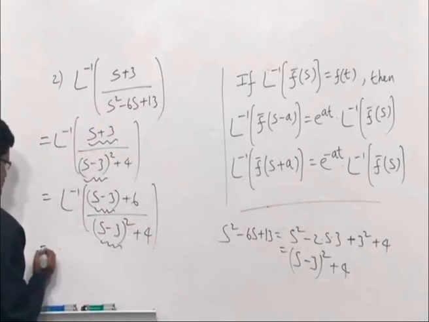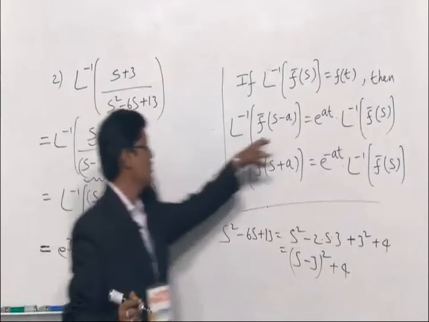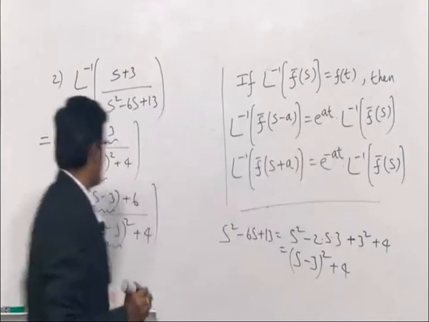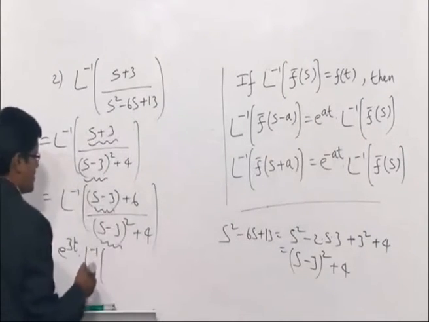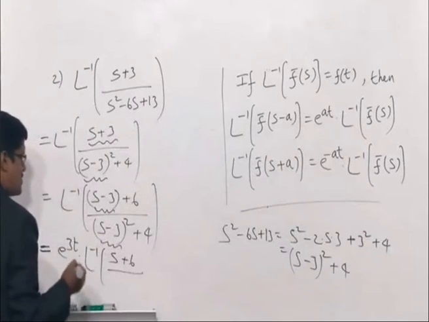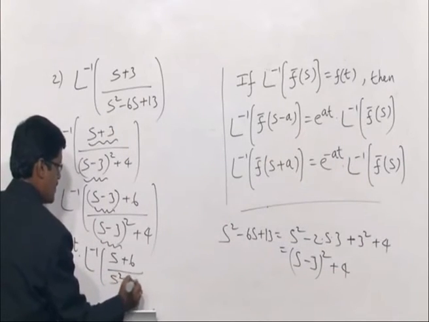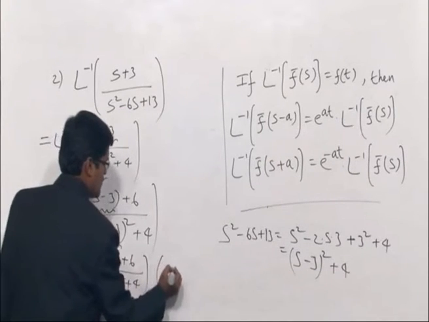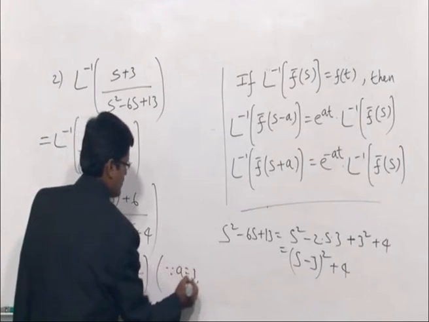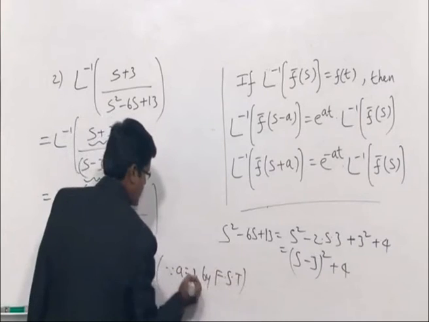So this is e power 3t into L inverse, where s minus 3 is replaced by s. So s plus 6, the remaining things come as they are, over s square plus 4, since a is equal to 3, by FST, the first shifting theorem.